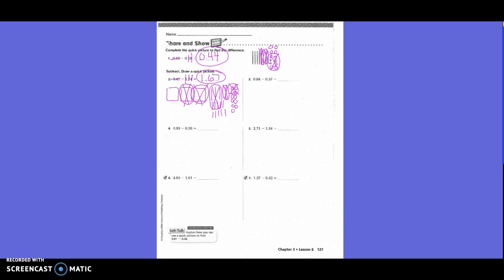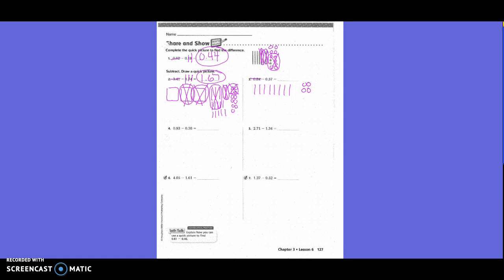Okay. Number 3. How many longs am I drawing? Am I drawing any flats? No. How many longs am I drawing? How many small cubes am I drawing? 4. Okay. Do I have enough, so I took care of this number, right?